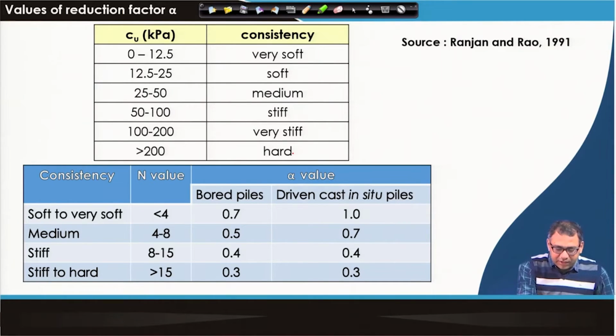And when can we say the soil is soft, very soft, medium stiff, very stiff, hard? As per the undrained cohesion value that can be classified. So, that table is also given. If you have the undrained cohesion value, based on that you can understand whether the soil is soft, very soft or stiff, then based on that you will decide what alpha value you will choose.